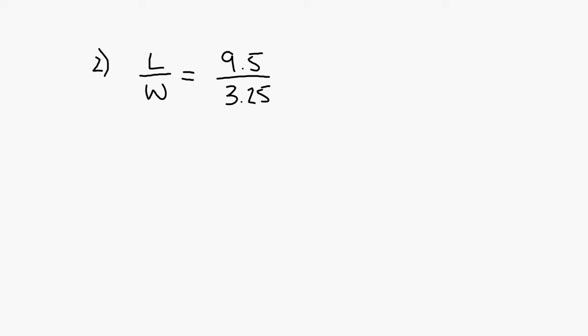If you multiply 9.5 over 3.25 by 2 over 2, 9.5 times 2 is 19, and 3.25 times 2 is 6.5. So you still don't have two whole numbers. Then you would multiply by 3 over 3.